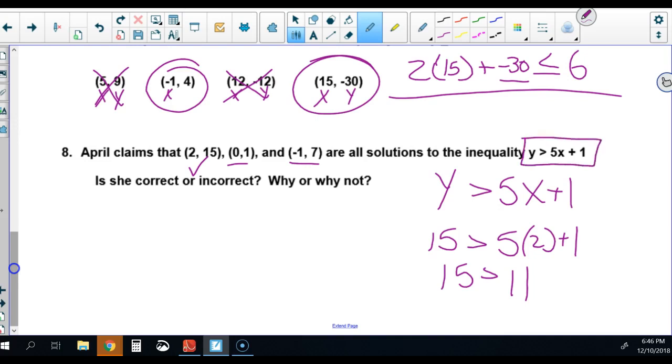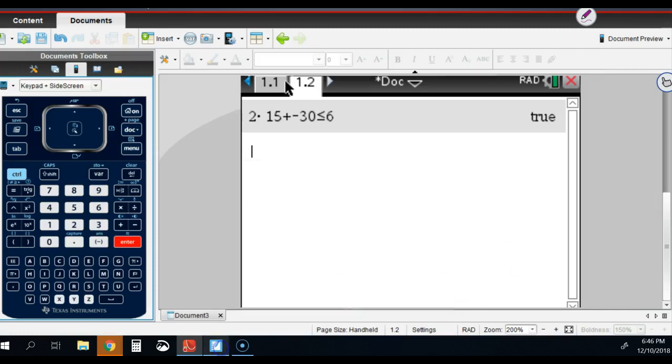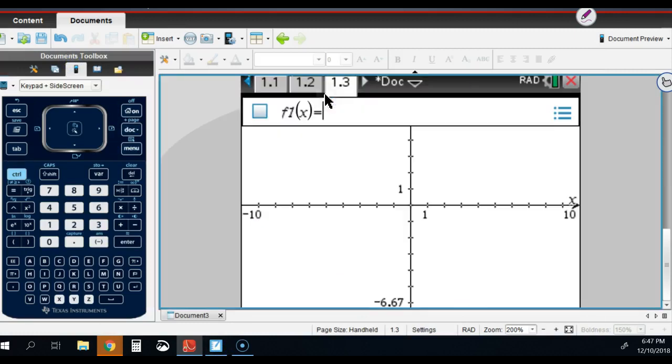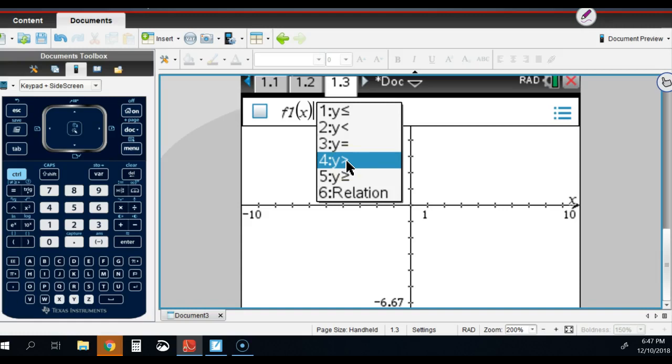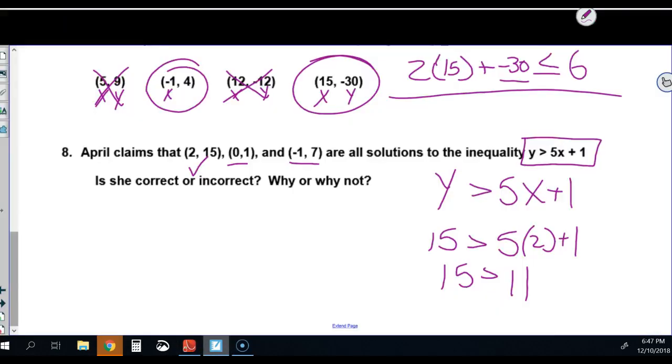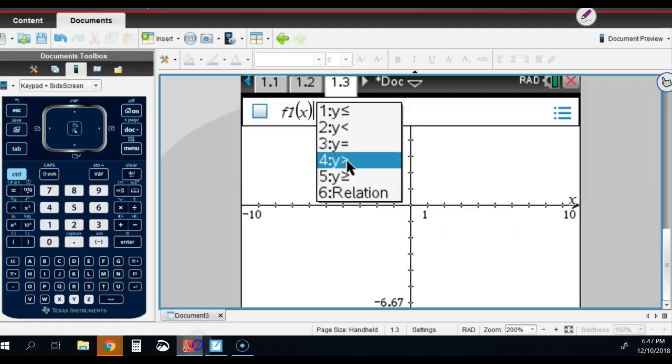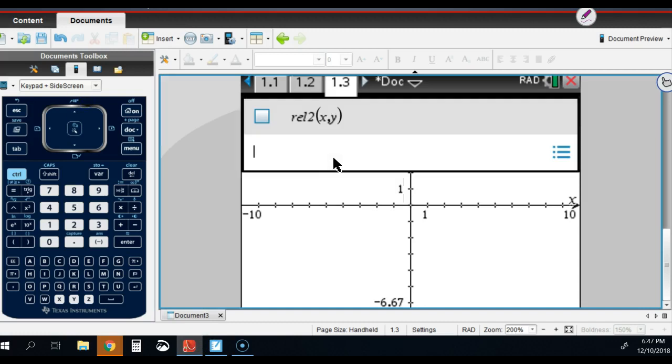I want to go back to my calculator and graph y is greater than 5x plus 1. So add a new page, make it a graph, delete my equal sign, y is greater than 5x plus 1. So choose 4. Uh-oh, that's not what I wanted to do.